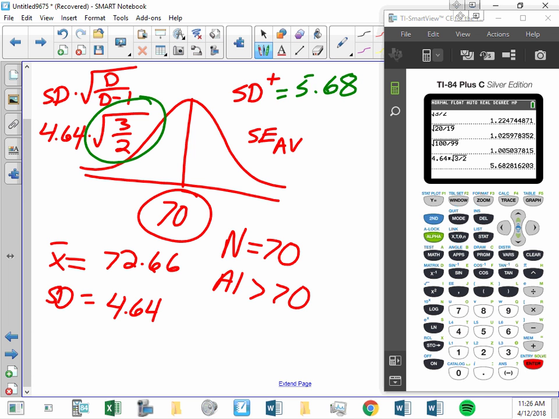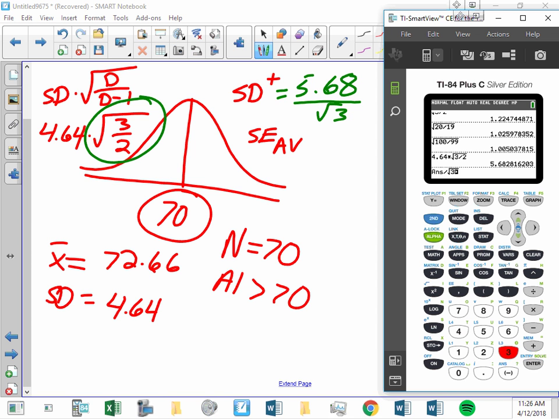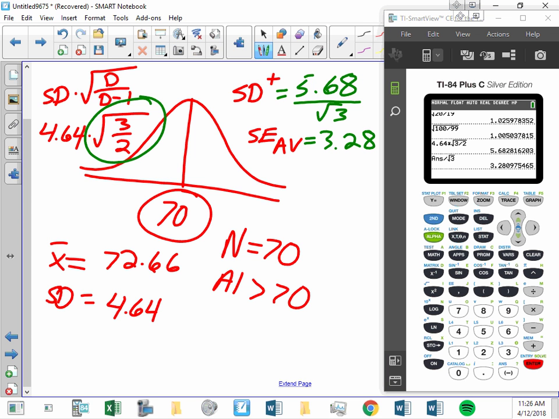Now I use my SD plus to create an SE average. So I'm going to divide this by, how do we create an SE average? Divided by the square root of 3. So this divided by the square root of 3. And that gives me 3.28.